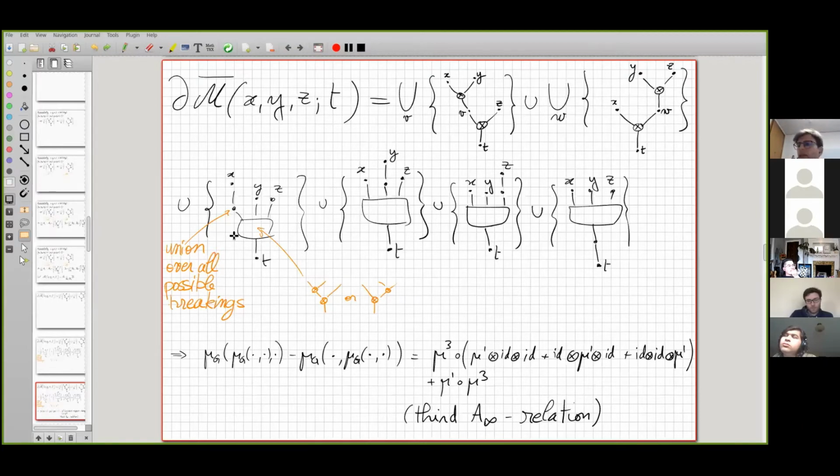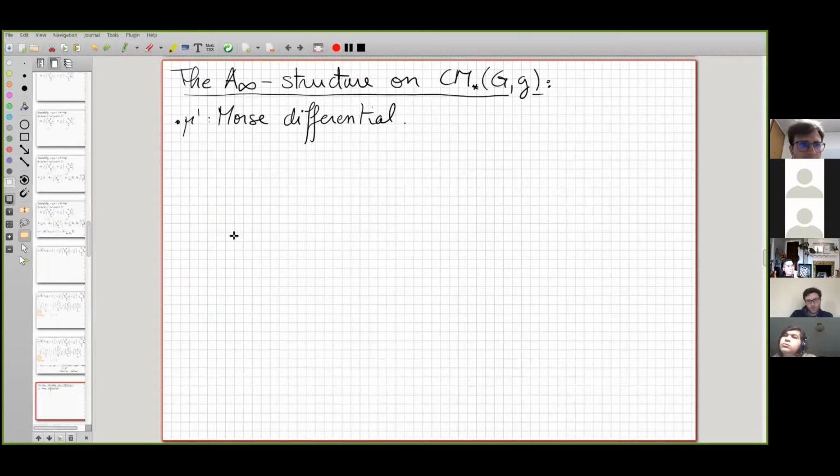Now let me tell you how to define a Floer infinity structure. So first, the first part of the infinity structure would just be the Morse differential.